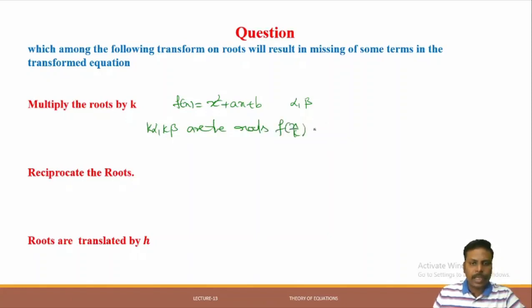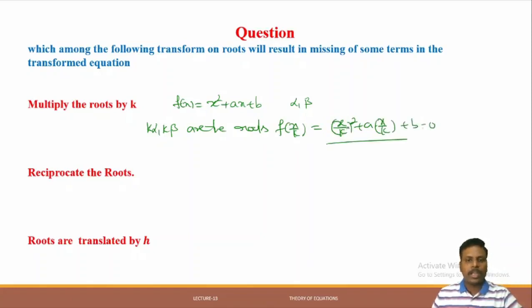This we have seen already. So this becomes (x by k) whole square plus a into (x by k) plus b is equal to 0. Now you can observe that even in the transformed equation we have 3 terms, and we cannot miss any of these terms. All the terms will be intact. If there are 3 terms in f(x), even in f(x by k) there will be 3 terms. So this is not an answer.